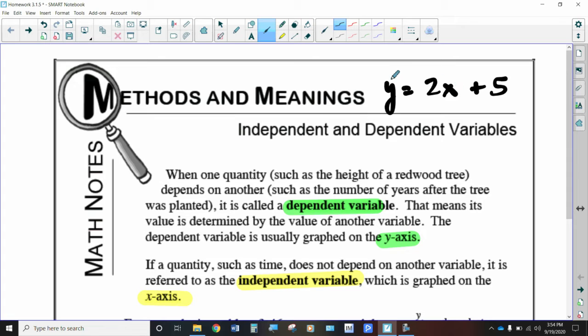But the height of the tree would depend on how many years after it was planted. Right? So I didn't really word that very well, but whatever. I think you're getting the right idea, hopefully. The x variable affects the y variable, okay? And so that makes the x independent and the y dependent on whatever you choose for x.